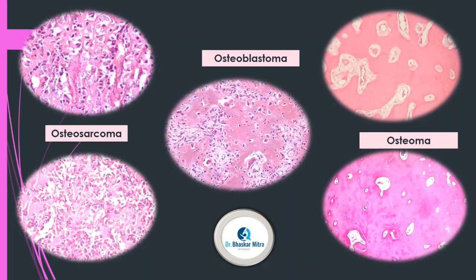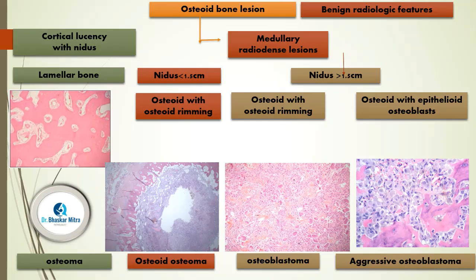Here you can see there is a transition: in the benign part, there is more of bone; in the malignant part, this is more of cell, less bone. And in between lies the osteoblastoma. This is an aggressive variant where we can see a mixture of both bone as well as the cellular counterpart.